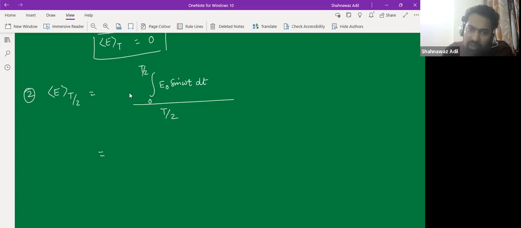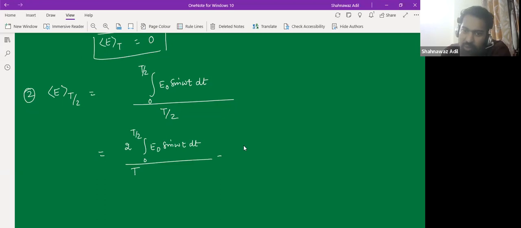So this T will come in the numerator, and all the things are similar, so we will directly write 2 by T, E naught by T integration of 0 to T by 2 sine omega t dt.